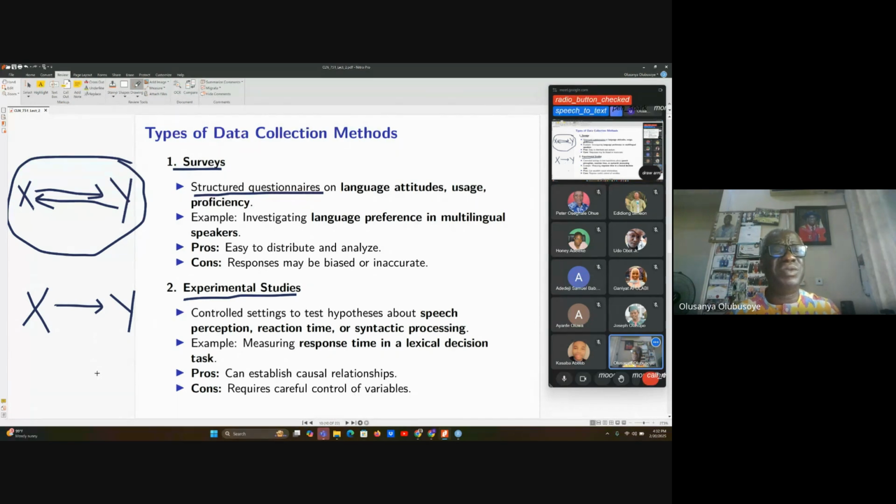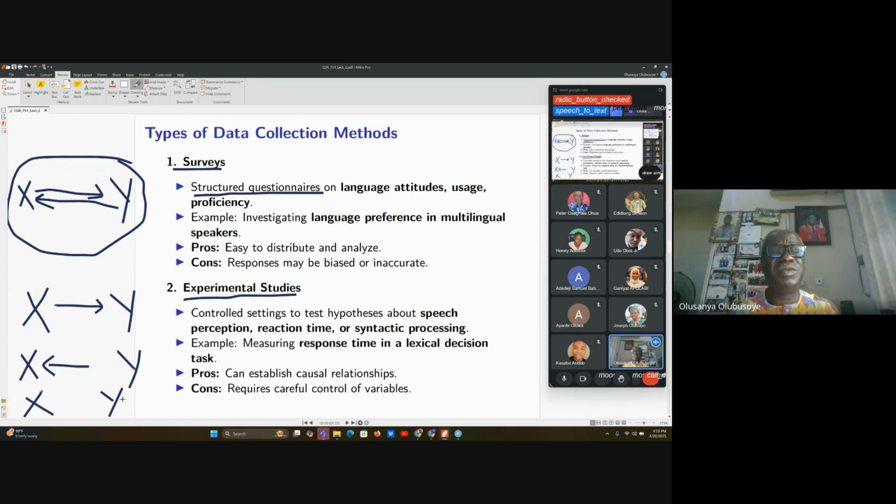So you could also have a situation where it is Y that is causing X, but X does not cause Y. And you could also have a situation where none is causing the other.